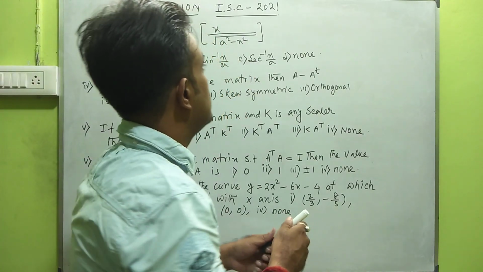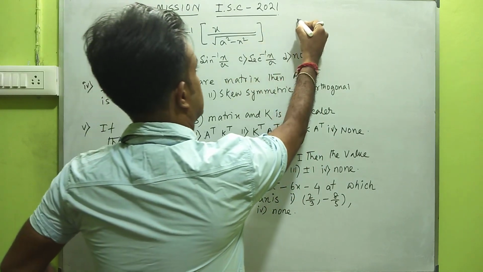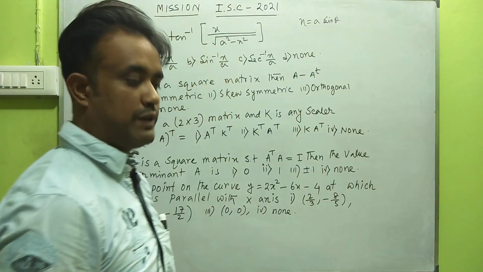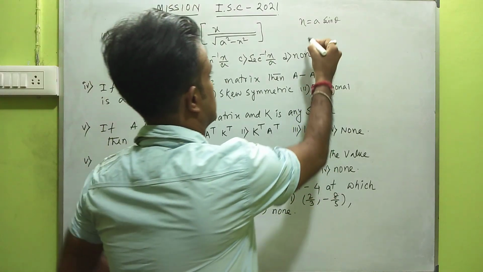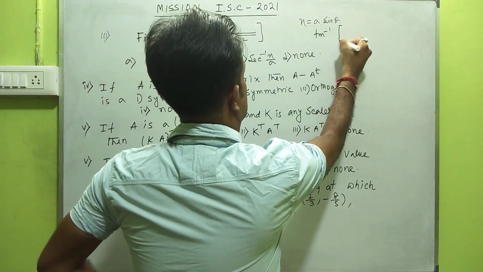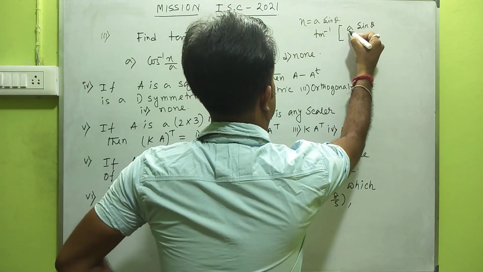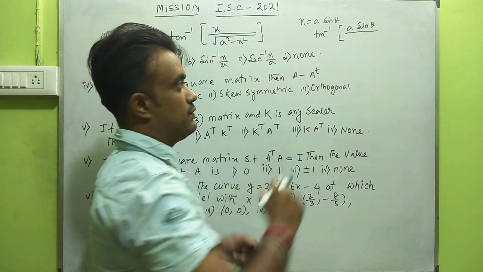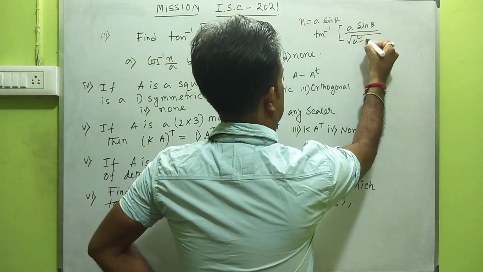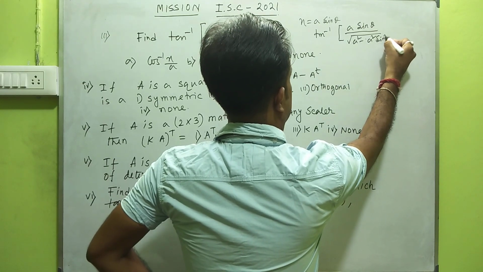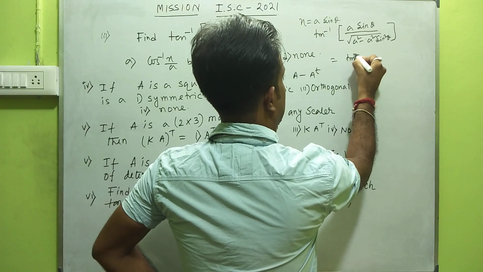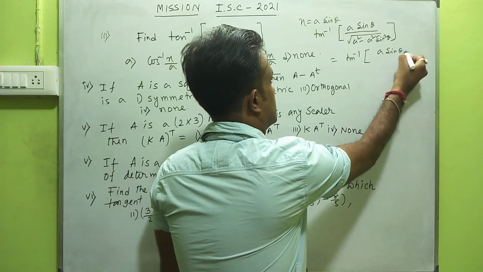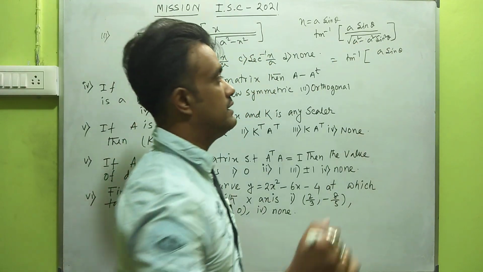So if we put x is equal to a sin theta, then tan inverse of a sin theta by root over a square minus x square, that is a square sin square theta, that is tan inverse a sin theta, and from this we get a cos theta.